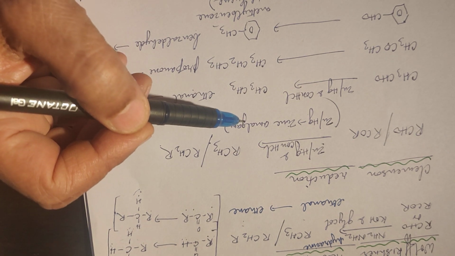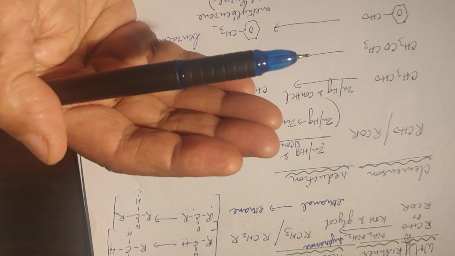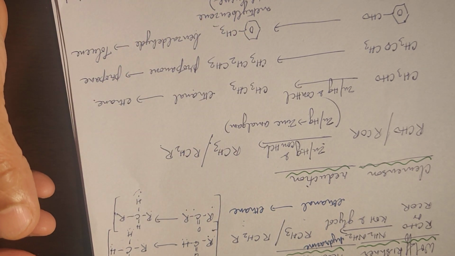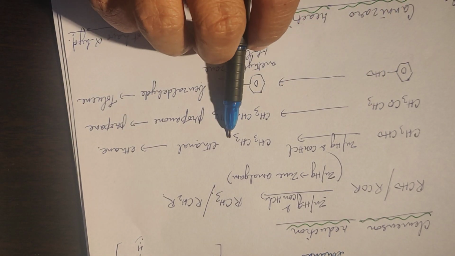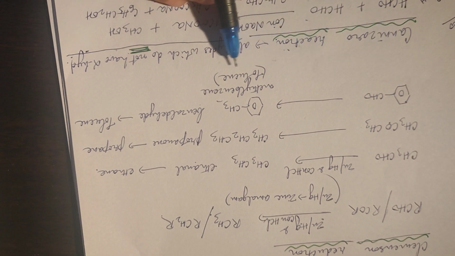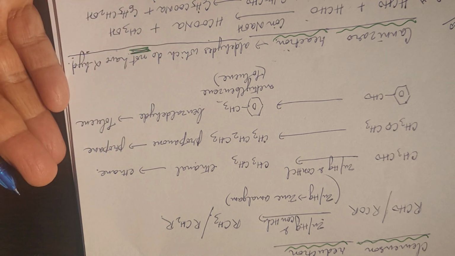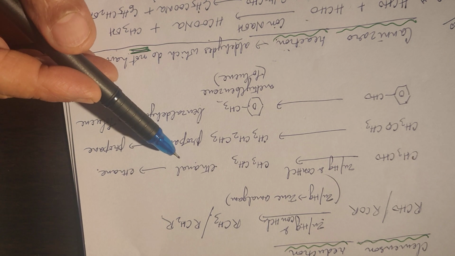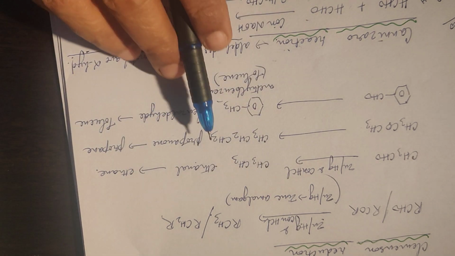So zinc amalgam and concentrated HCl is used, and this will provide hydrogen, and that hydrogen is used for the reduction purpose. So here ethanal to ethane, propanone to propane, benzaldehyde to toluene. So all these things they can be asked even in conversion. So if they are asking you any of these, then you can easily follow either Clemmensen reduction or Wolff-Kishner reduction to do the conversion.